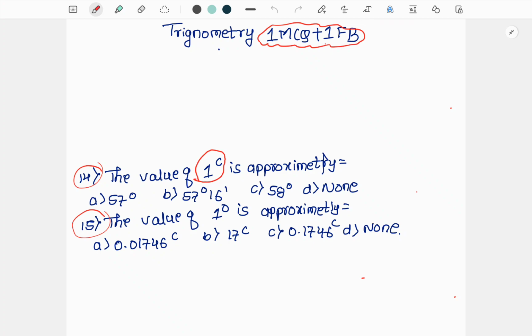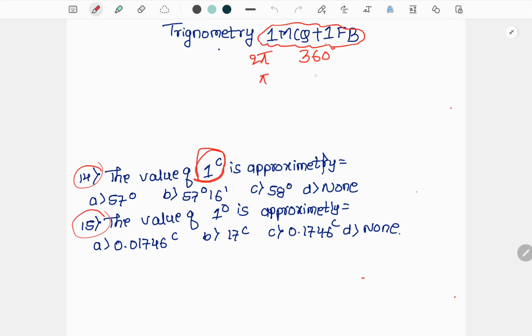See, think a little. Look here, we know, students, we know degree and radian very well. See here, all of you, 1 radian I want. See, 2 pi radian means we know 360 degree.